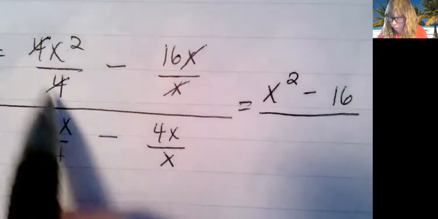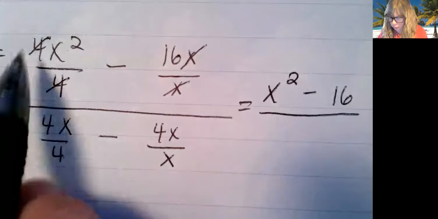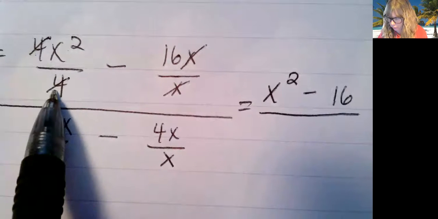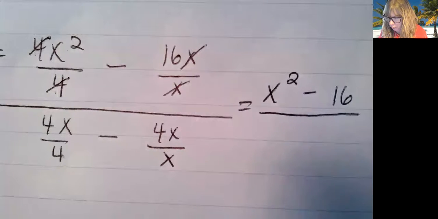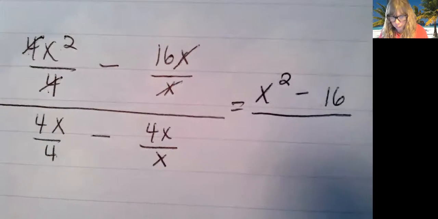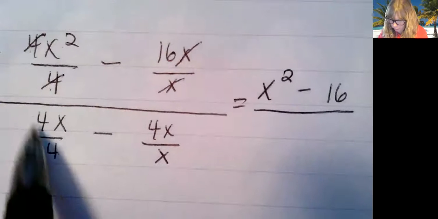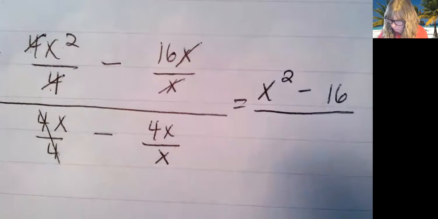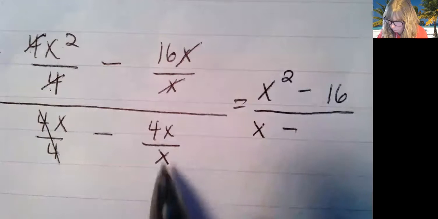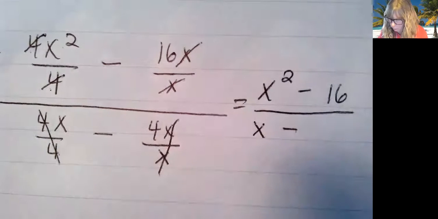So remember, this is just dividing them out. If I divide 4 by 4, I get 1. If I divide 4 by 4, I get 1. 1 on the bottom is not important on a fraction, so you can just leave it off. And then the bottom, if we cross these off, we're left with x. And this bottom, cross those off, and we're left with this.